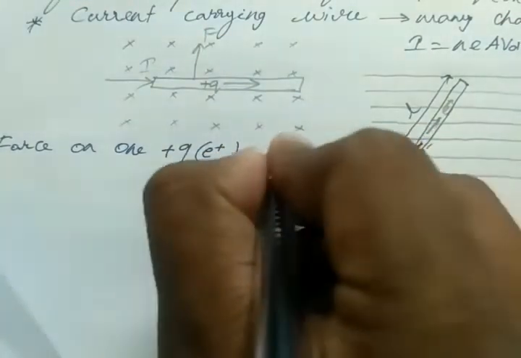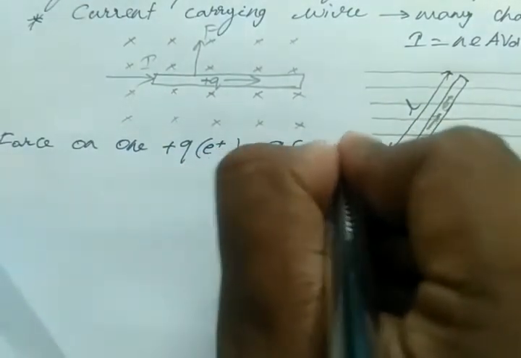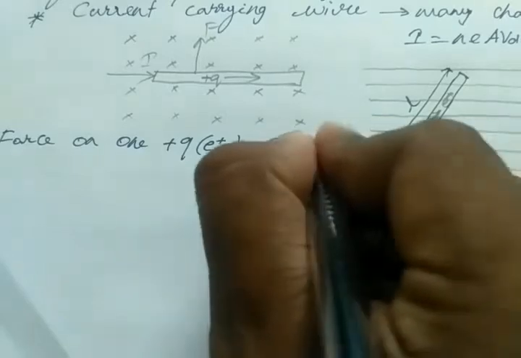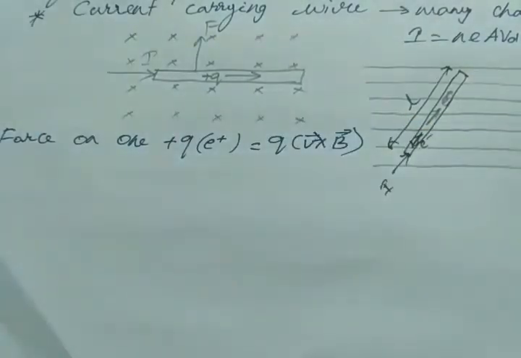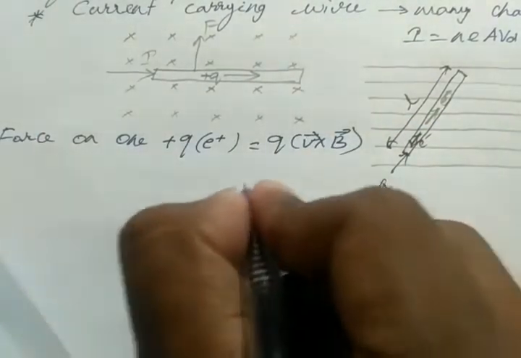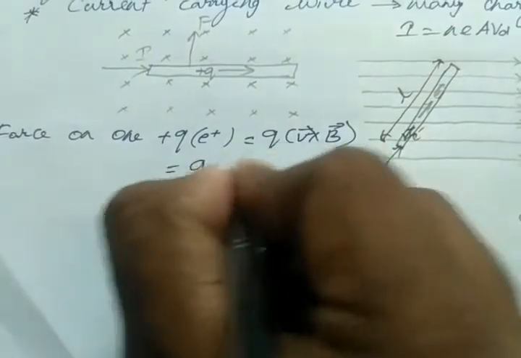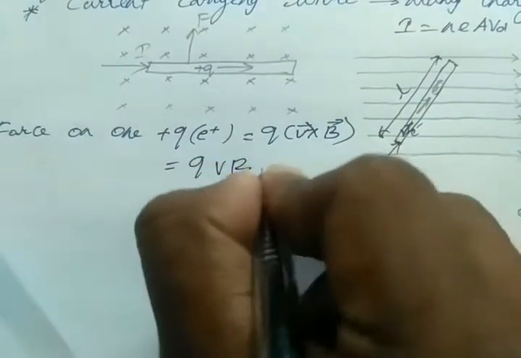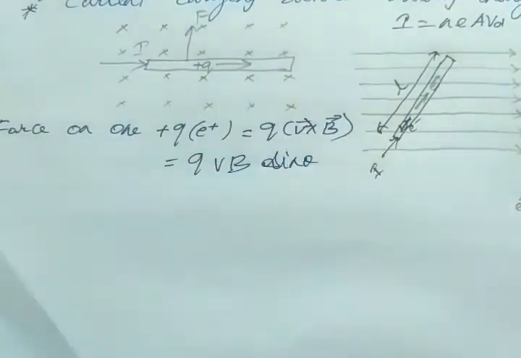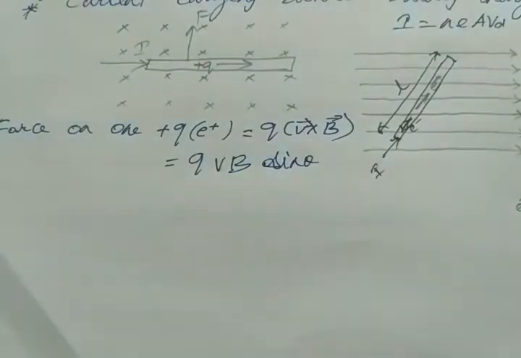What should be the force formula? q v cross B, right? So to remove the cross product, we write q v B sin theta. So what is theta? Theta is nothing but the angle between velocity and magnetic field.